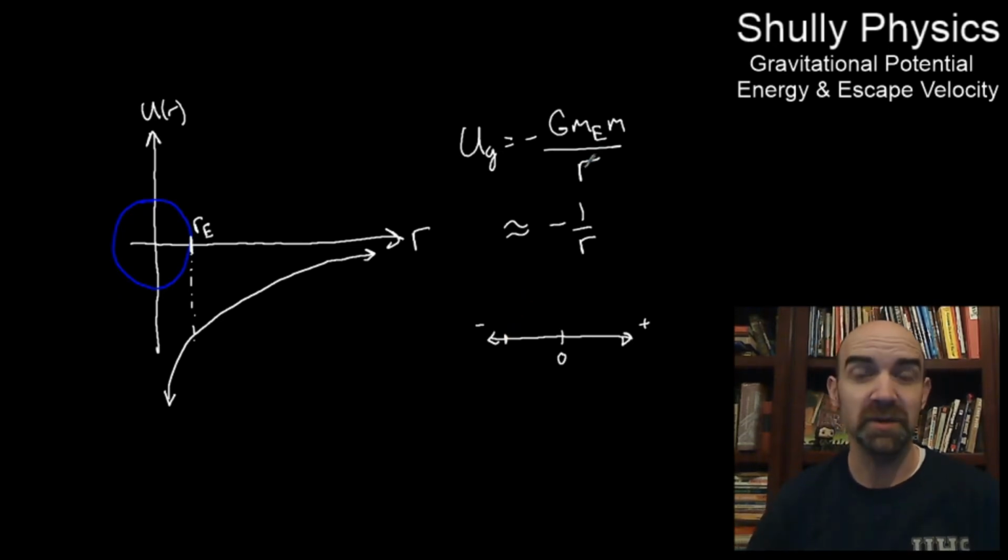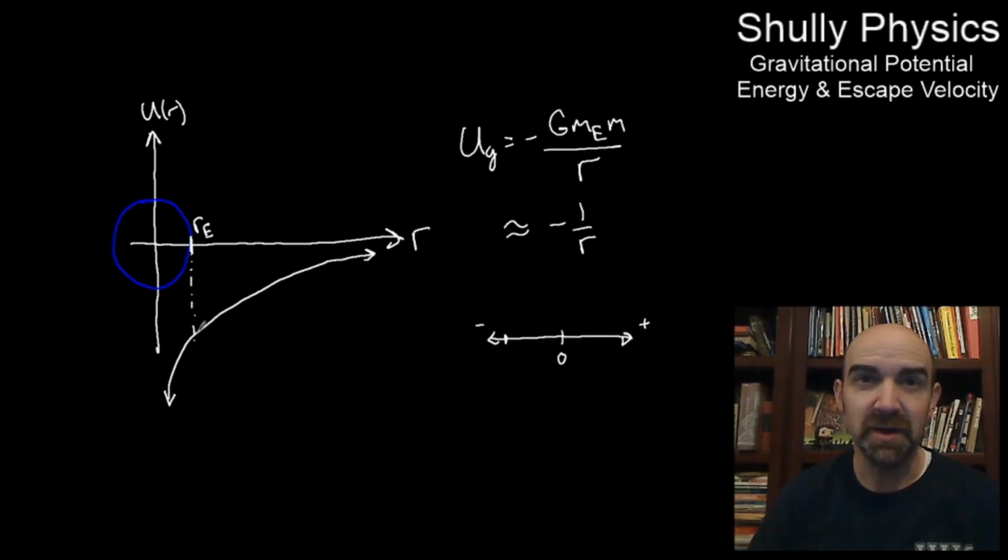Now, if R increases, the denominator increases, and I shouldn't say the magnitude, the absolute value, there we go. As R increases, the absolute value of potential energy decreases. And that's the important thing here.